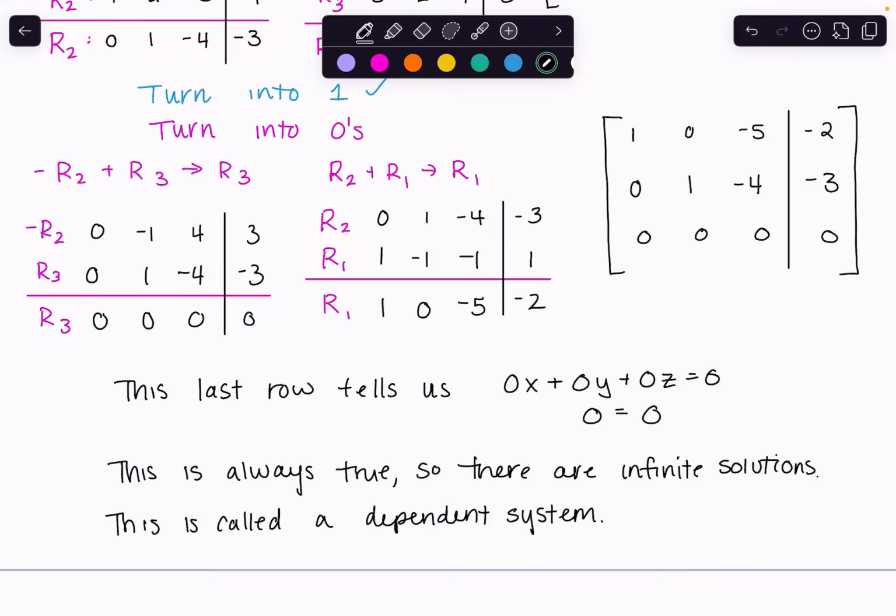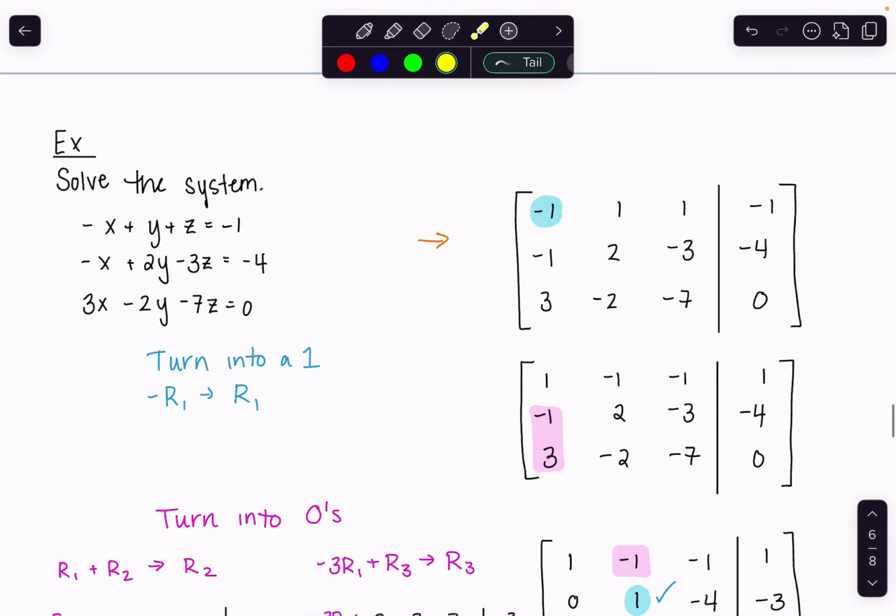So even though there are an infinite number of solutions, it's still not every point that works, because they still have to be points on these lines. Like if I try to plug in 0, 0, 0, that is not a point on the line, so it is not a solution of the system.